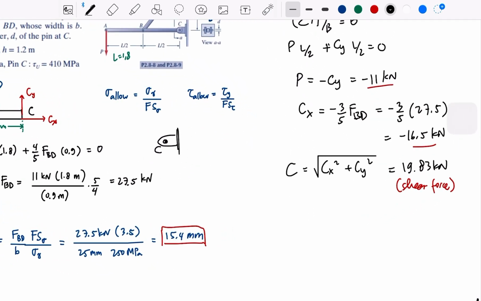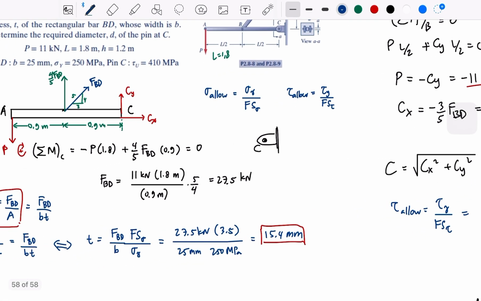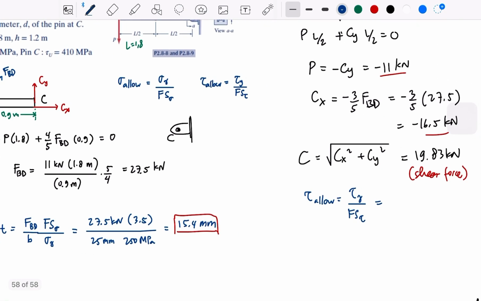And then remember, for the tau, we need to take into account the safety factor first. So tau yield divided by the factor of safety of the shear. So this will be 410 MPa divided by 3.3. Okay, and this tau is supposed to be V over 2A, right?